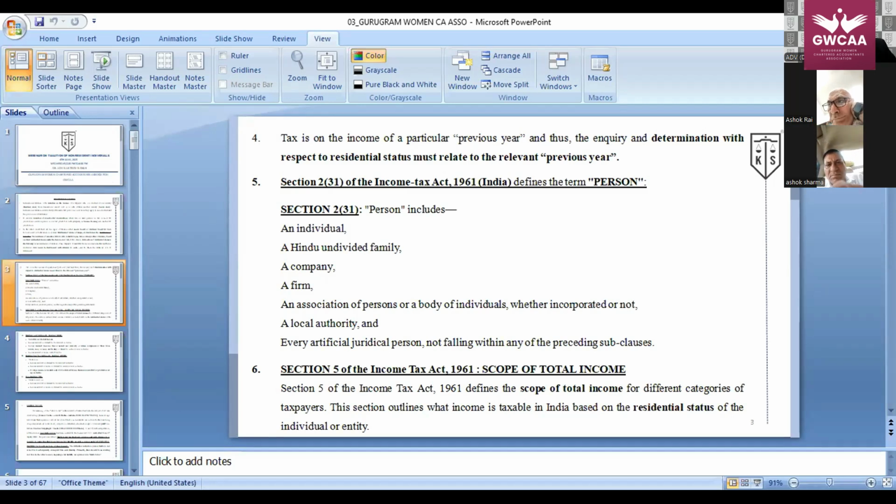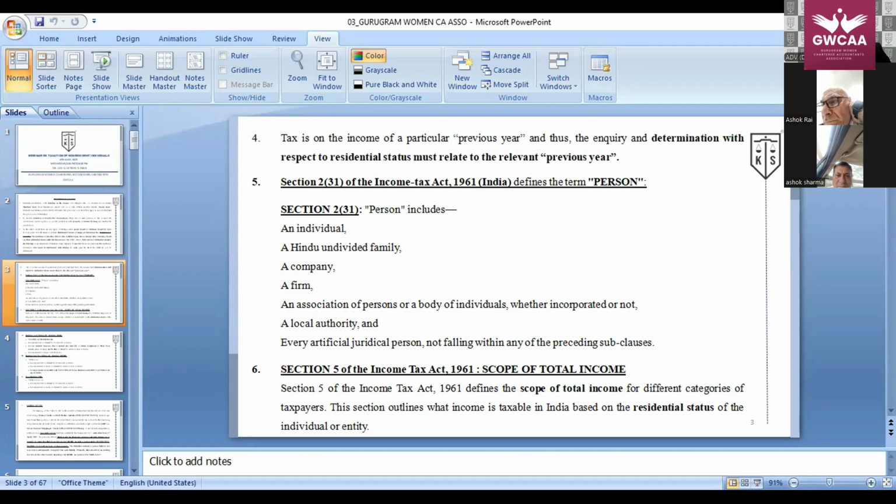An individual is said to be resident in India in any previous year if he is in India in that year for a period or periods amounting in all to 182 days or more. So this is one of the conditions, that if a person wants to prove himself as a resident in India, he has to stay in India physically for 182 days or more.